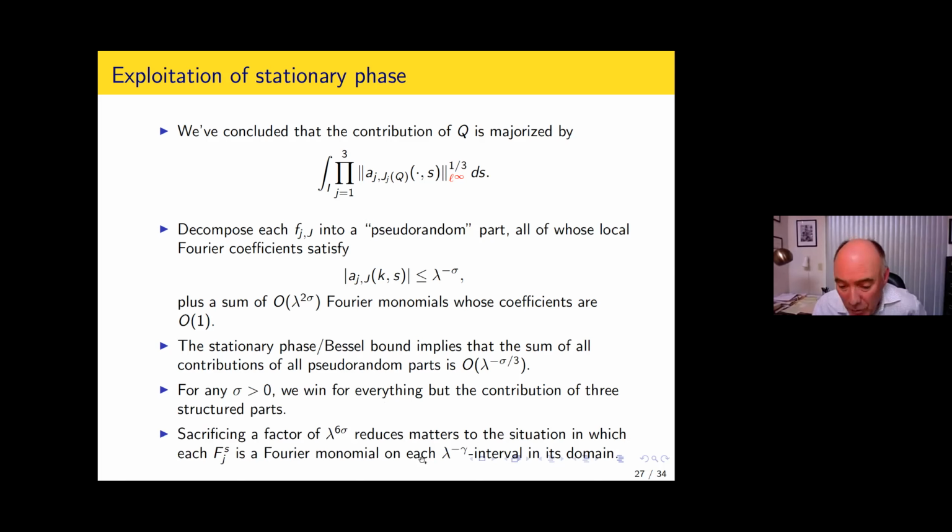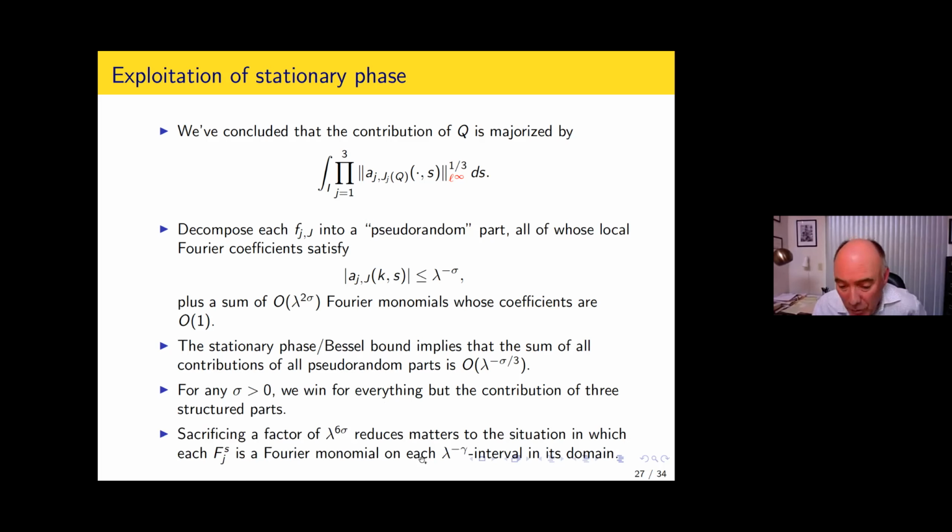All right, so now capital F sub j depends on this parameter S, and it's a sum over all these short intervals of indicator functions of the intervals times constants, but the constants depend on the parameter S in some unknown way. And then I have Fourier characters but the characters have frequencies which depend on S in some unknown way. Okay, so the dependence on S is still very, very bad here.